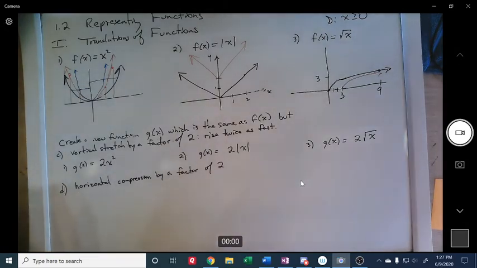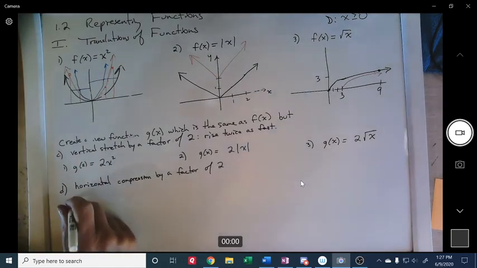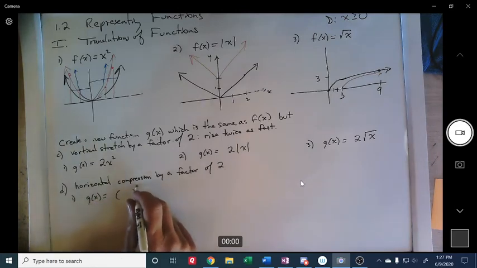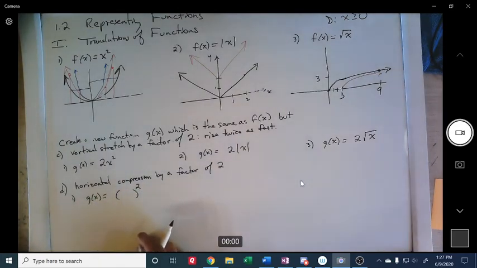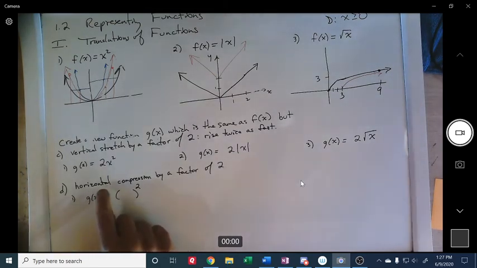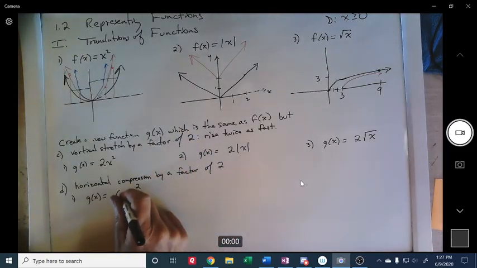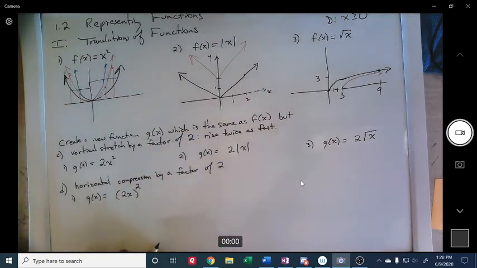And so how is that going to affect my graph and my equation? G of x, normally I'm putting x squared. But for horizontal compressions, you replace the x, in this case with 2x, like this.